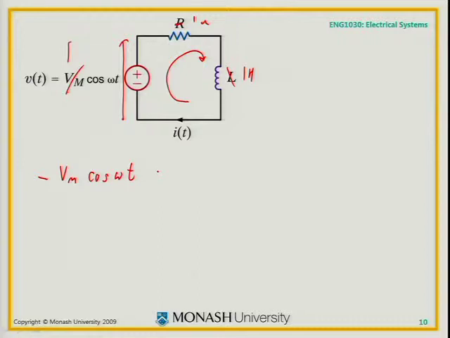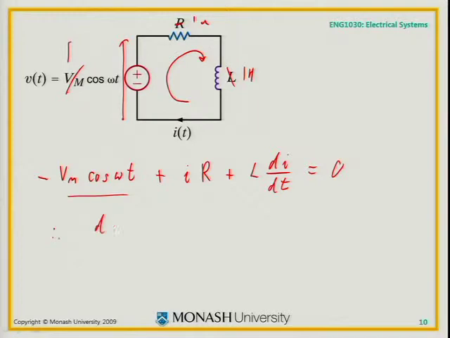In terms of the current, the voltage drop across the resistor is I times R. And in terms of the current, the voltage across the inductor is L by the derivative of current with respect to time. And that equals 0. Exactly like we did last time, the fact that this is a time-varying sinusoidal input now doesn't change KVL.